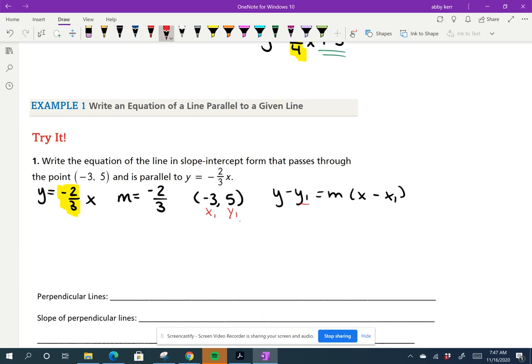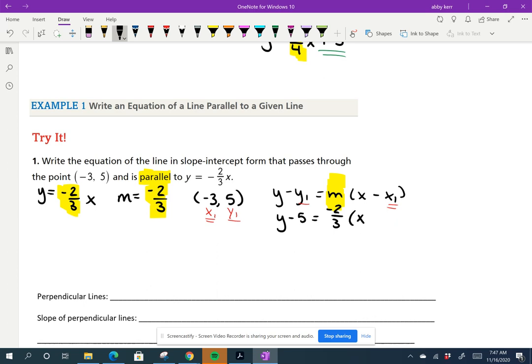Remember, your y1 goes first in this part, and then your x1 goes into the parentheses. And then your slope, because it's the same, because it's parallel, notice the word parallel, is going to go into your m value. So y minus 5 equals negative 2/3 parentheses x.